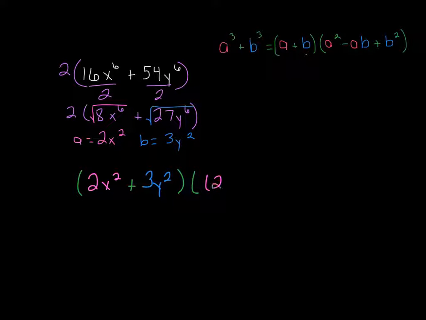And then 2x squared. And remember to put that 2x squared in parentheses because you have to square the whole thing. And then minus A again, which is still 2x squared, and B, which is 3y squared.